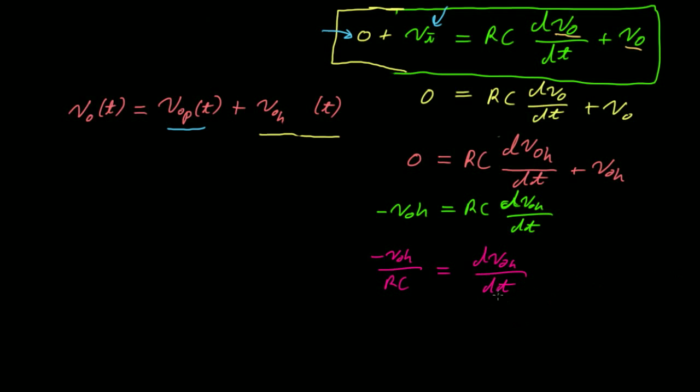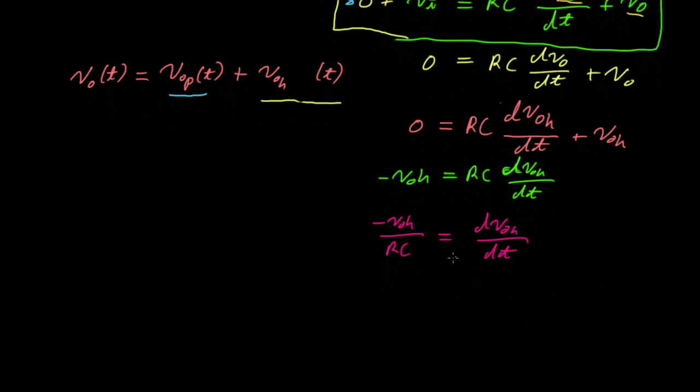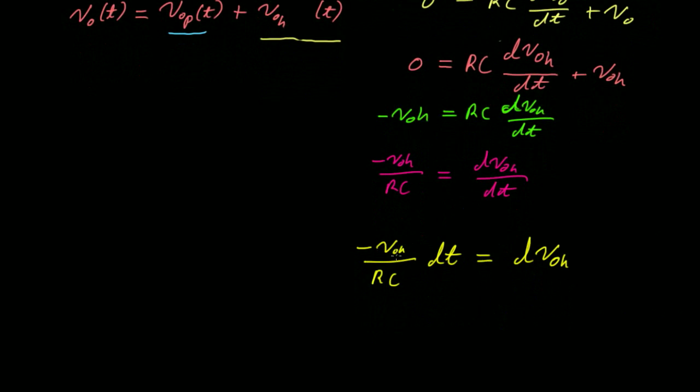I'll just keep doing each step individually. Now I'm going to multiply both sides by dt. So I get minus VOH divided by RC times dt is equal to d VOH. And now I'm going to divide both sides by VOH.